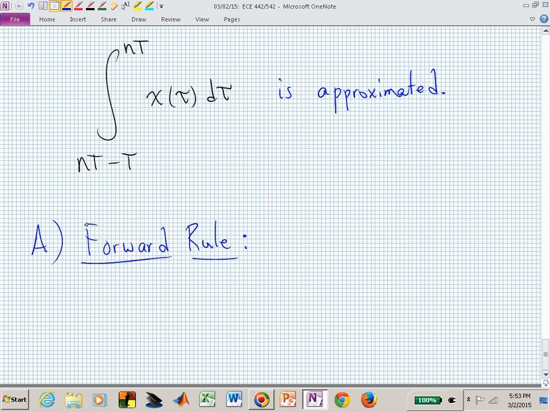Again, we're looking at numerical integration techniques. We're calling it the forward rule, and with this forward rule, what we are doing is we will approximate that integral above, now actually with a rectangular area. And that's why it's an approximation.